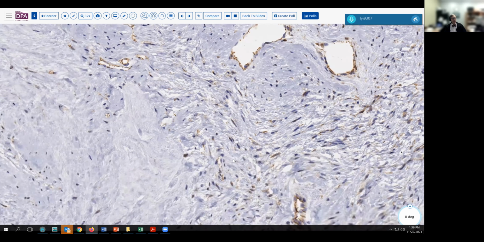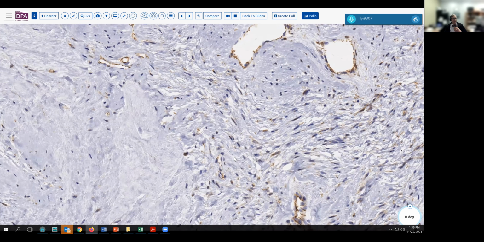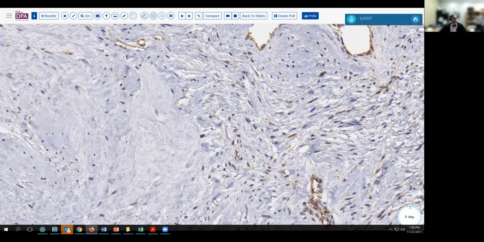Now, in our hands, this marker is probably positive about 75% of the time in these tumors. And so what are we doing with the rest of these tumors? Or what are we doing with a case like this where you think it's probably positive, but maybe you're not quite totally sure?